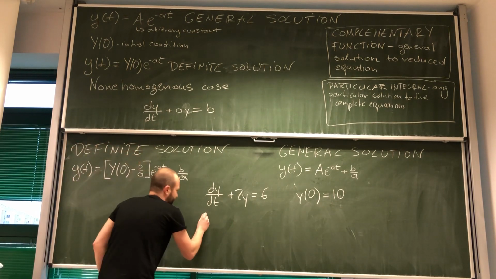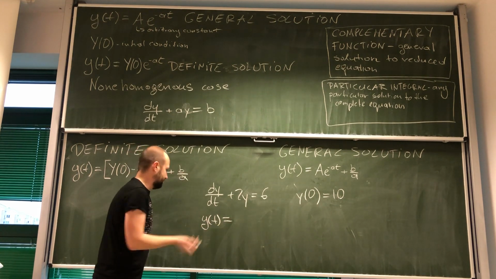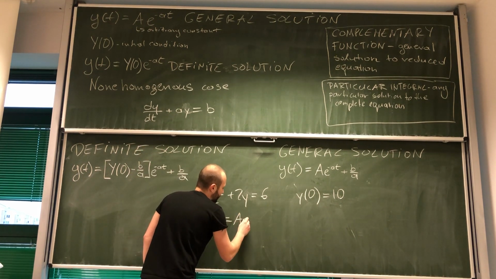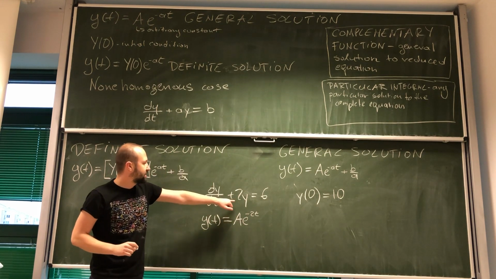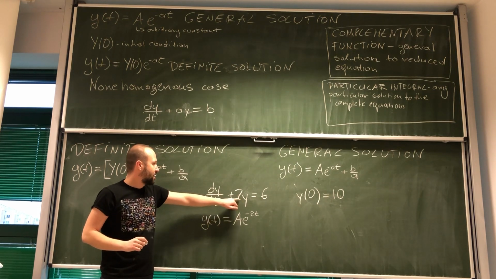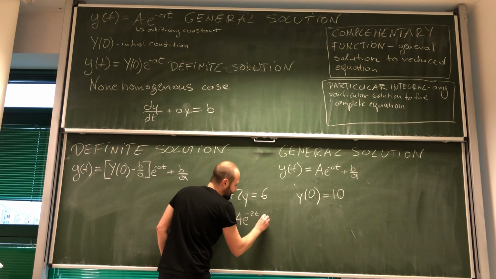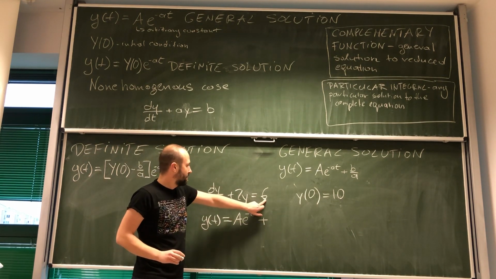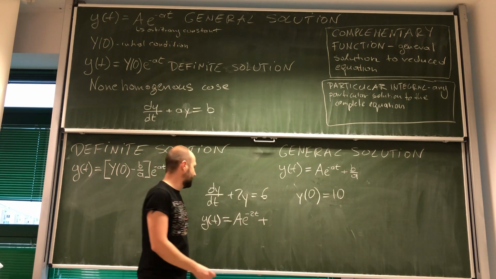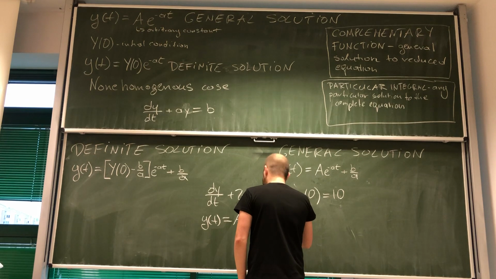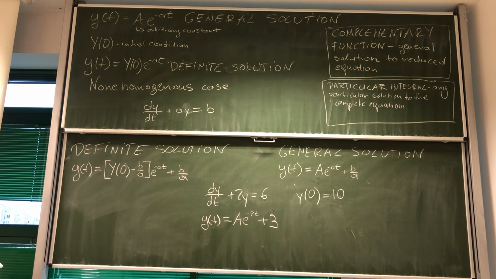The general solution tells us that y of t is equal to a times e to the power negative 2t, because we just take whatever constant is here, put a minus up front, and right next to t. Then we've got plus 6 over 2, because this is b over a, which is equal to 3.